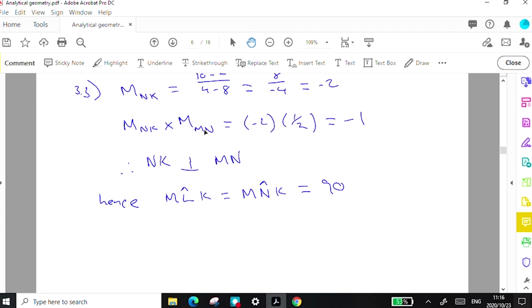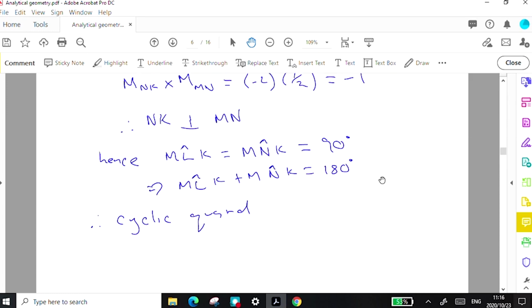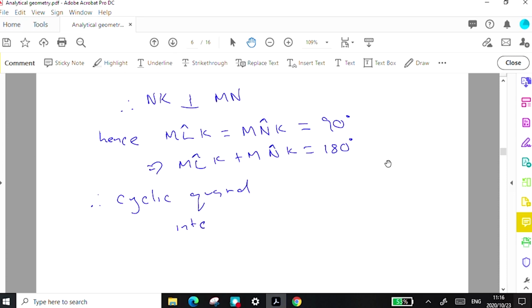So if we add them, MLK plus MNK is equal to 180 degrees. Therefore, we have a cyclic quad. These are interior angles of a cyclic quad equal to 180 degrees.